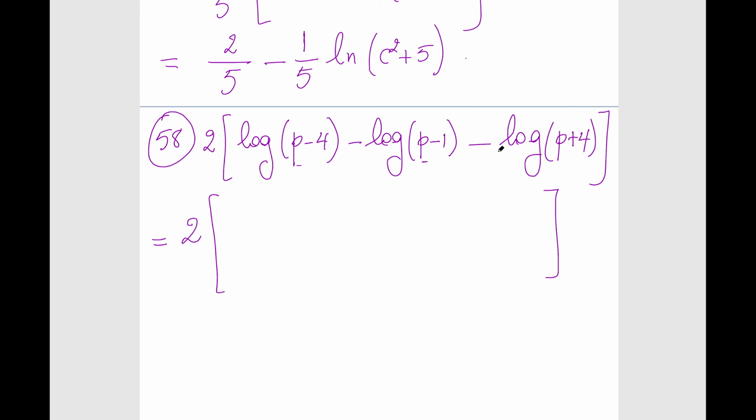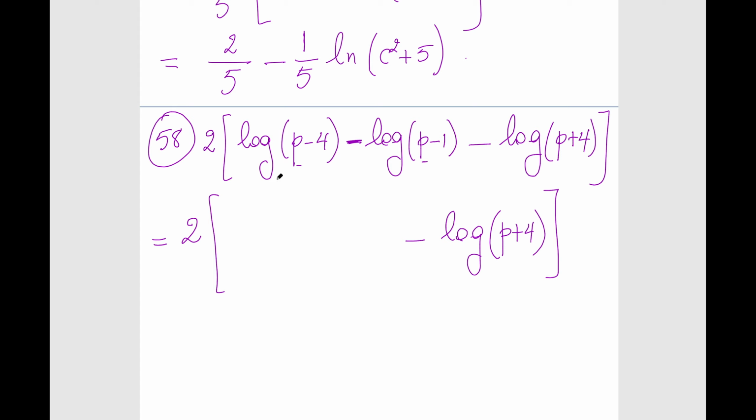So let's keep this guy by itself for the moment. So minus log base 10 of p plus 4. Let's not touch this for the moment. And let's condense these two. Well, this is a difference of 2 logs, right? With the same base, 10, correct?